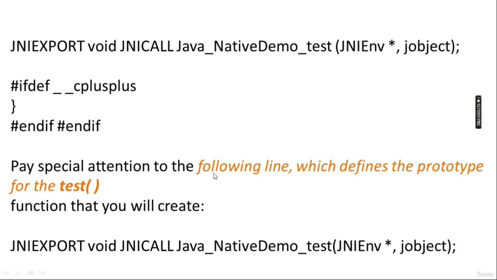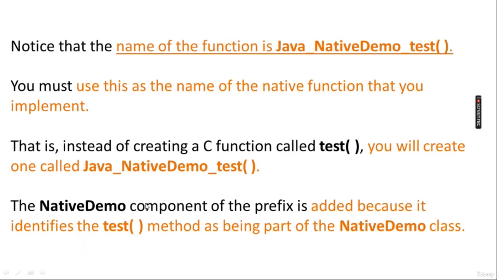Pay special attention to the following line: JNIEXPORT void JNICALL Java_NativeDemo_test(JNIEnv *, jobject). This defines the prototype for the test method that you will create. The name of the function is Java_NativeDemo_test.